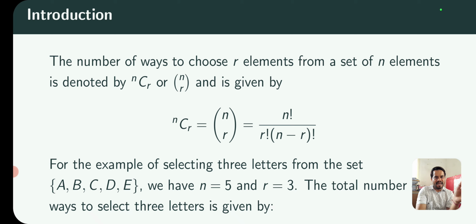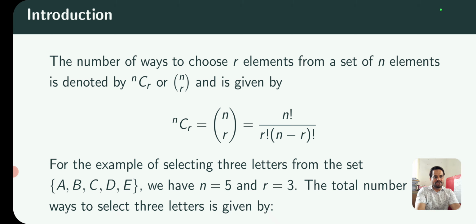From the above formula, comparing it with our set, we get the value of n as 5 and the value of r as 3. So by using the above result we can easily find the number of combinations of 3 letters taken out of these 5 letters.